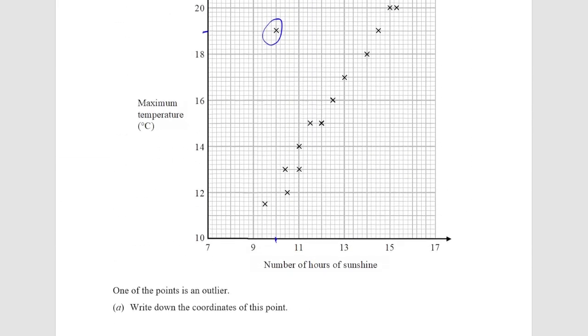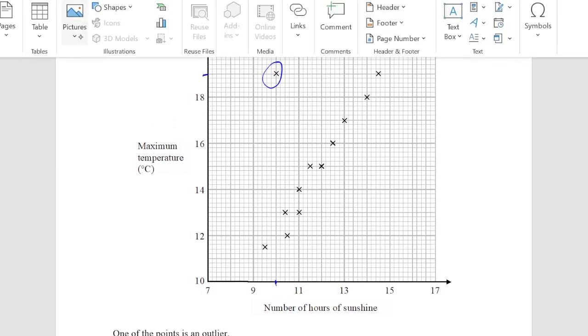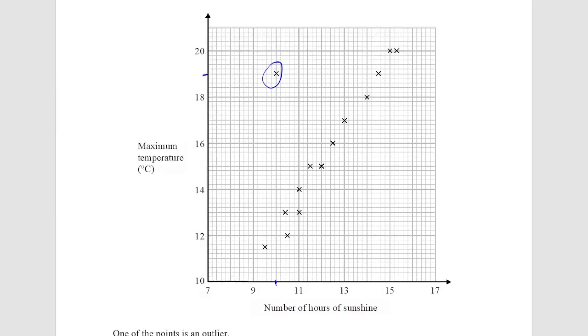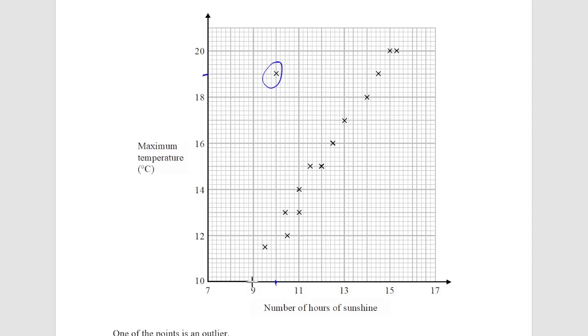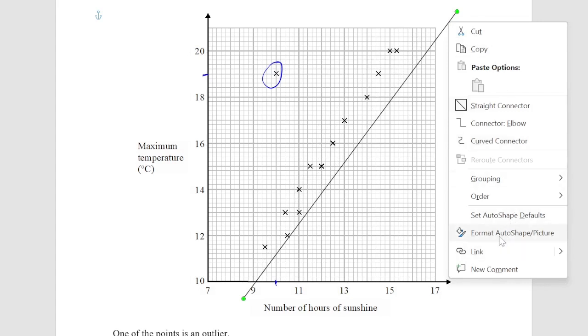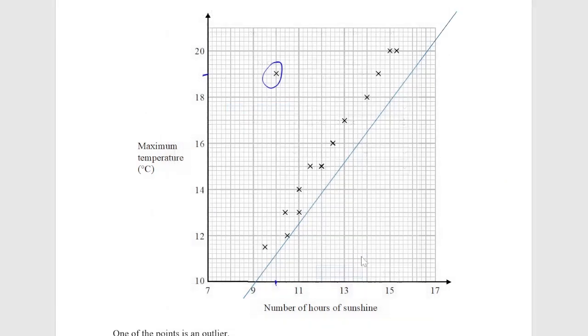So for that, I need to draw a line of best fit. To draw a line of best fit, I'm going to insert a straight line and then we will adjust it so that it roughly matches the graph. We're working in blue at the moment, so we'll go blue.